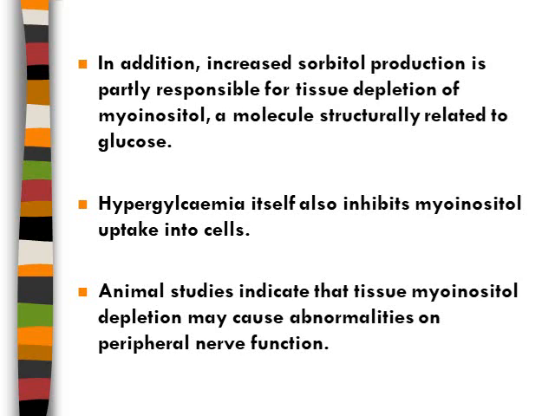In those cases, the reduction of glucose to sorbitol and fructose and accumulation intracellularly, which causes osmotic damage, is the main biochemical problem which is seen in these patients. The other problem is that hyperglycemia itself also inhibits myoinositol uptake into the cells, and certain animal studies indicate that tissue myoinositol depletion may cause abnormalities in peripheral nerve function.